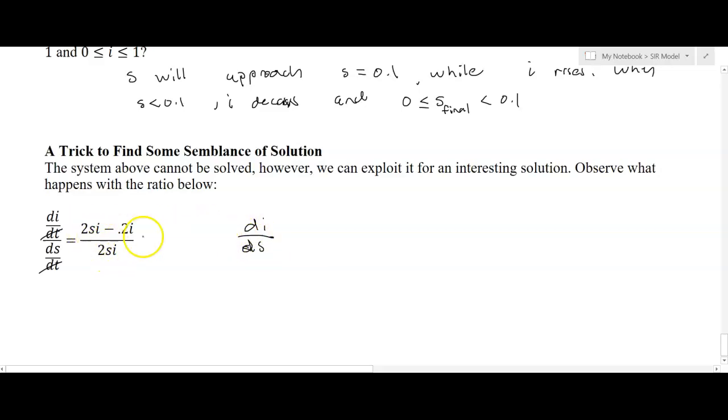If we do a little bit of simplification here and write this as 2si over 2si minus 0.2i over 2si, these cancel. We're left with 1 minus 0.2 divided by 2 is 0.1, I believe.